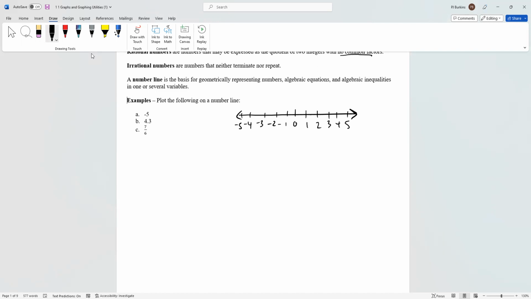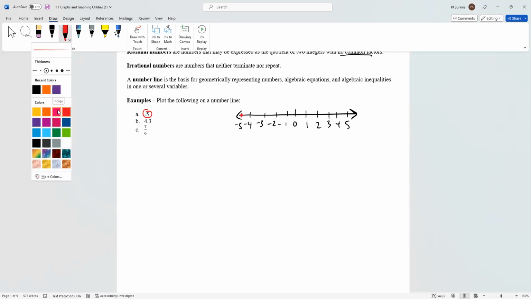Okay. Now, if we want to plot something as easy as -5, well, we just move to the left 5 units, and that's -5. We just put a little dot there. Something like 4.3, a little more difficult. We have to do a little bit of kind of guessing, right?